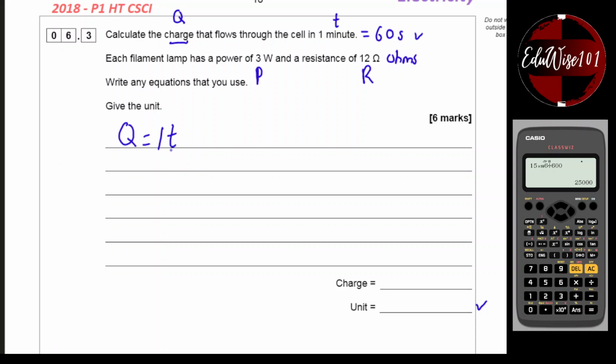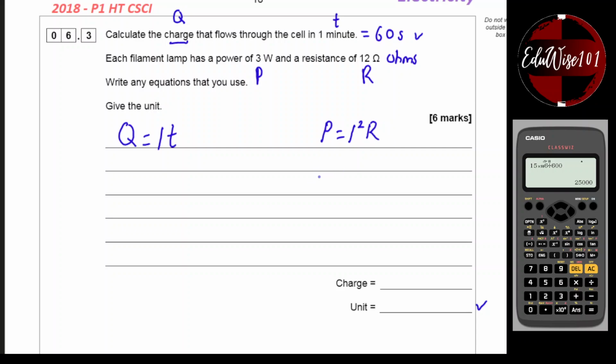In order to find the current first, I can use the power and the resistance value. Now for that, I will have to use this equation. P equals I squared R. Power equals the current squared multiplied by the resistance.